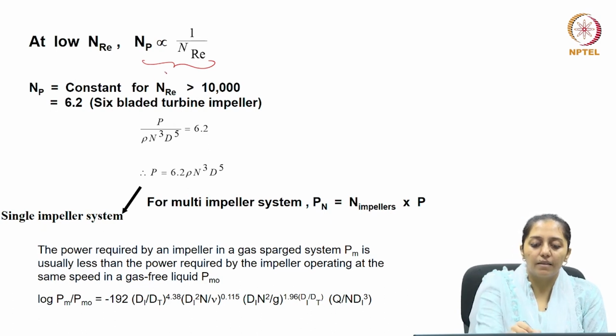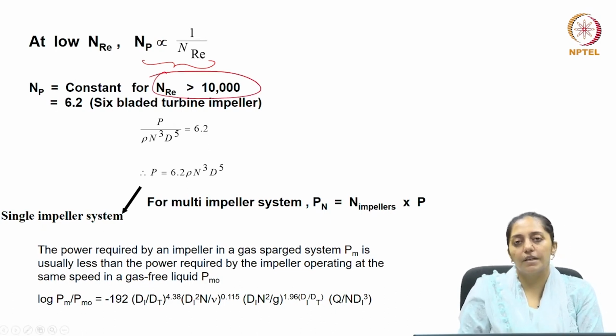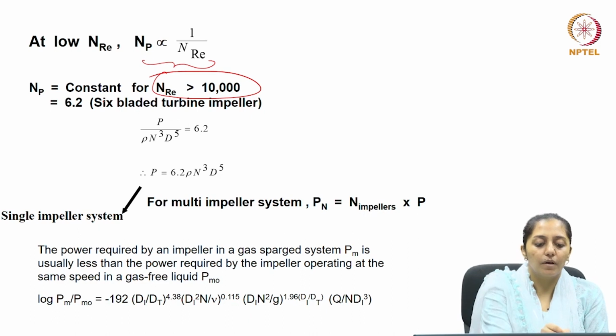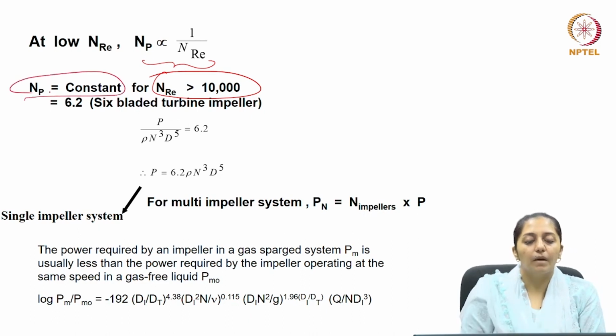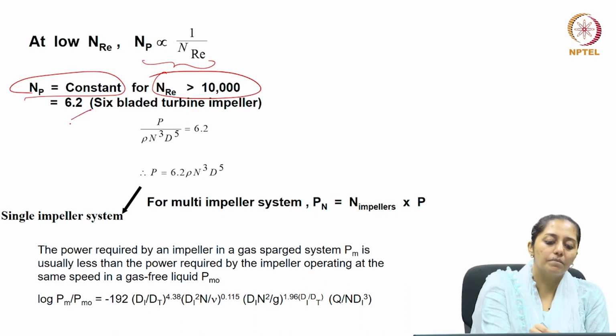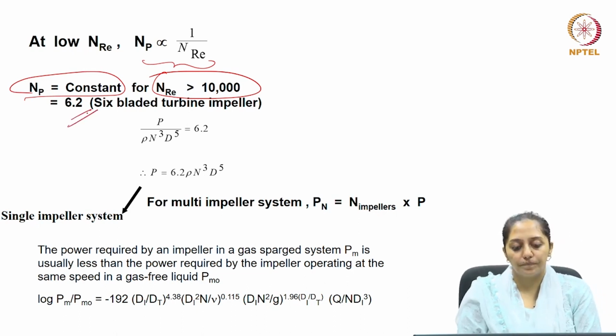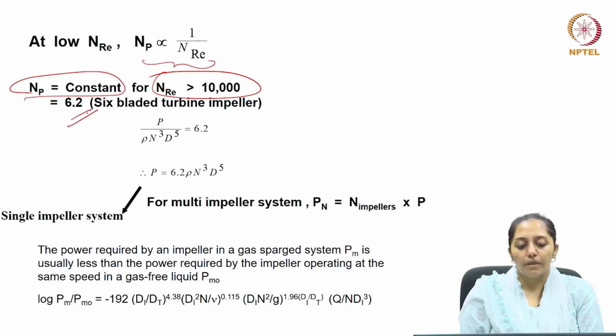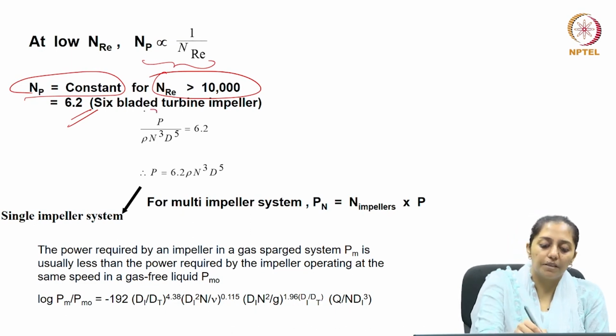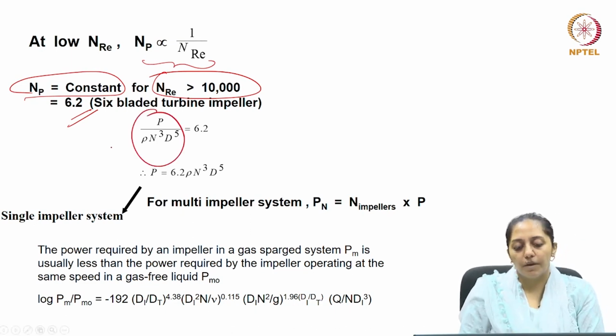And at NRe in the turbulent region greater than 10 to the power of 4, your power number becomes constant for a given type of impeller. Like for example, for a 6 blade turbine impeller, this number becomes 6.2. So, the power number is given by an expression here where P is the power consumed, N is the RPM, D is the diameter of the impeller, and rho is the density of the broth.